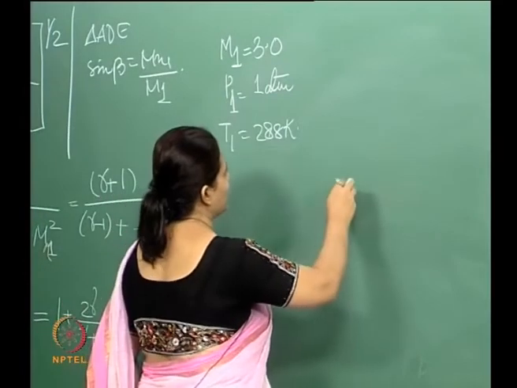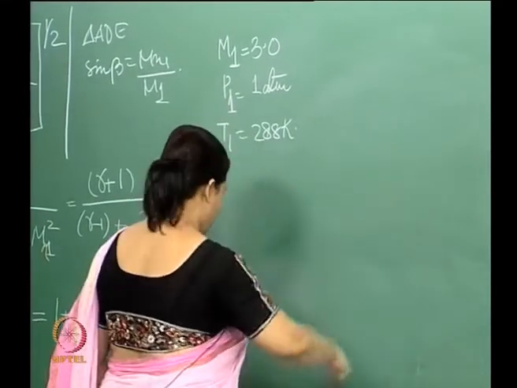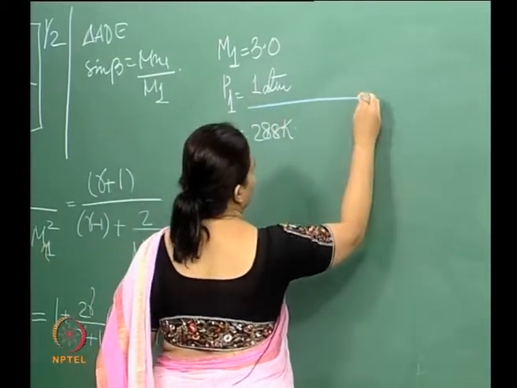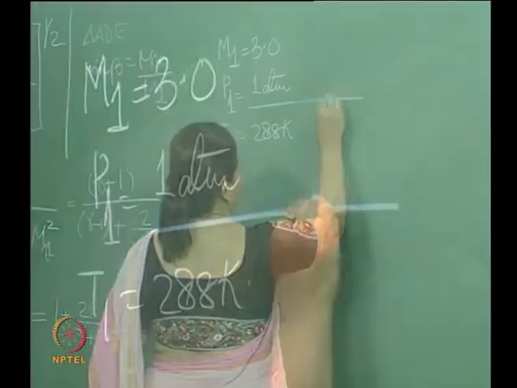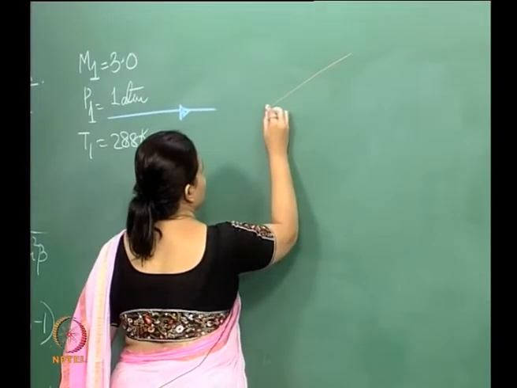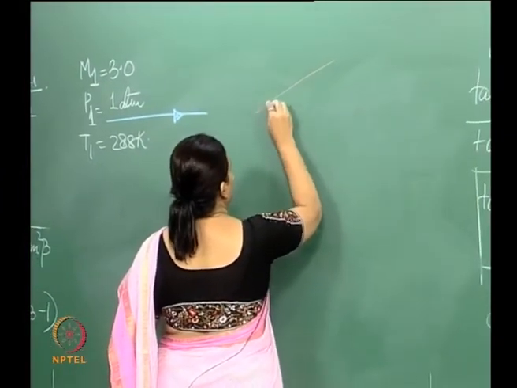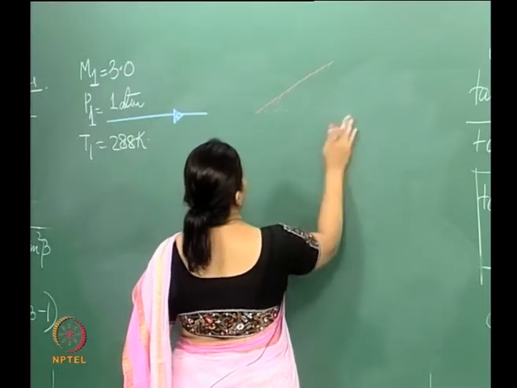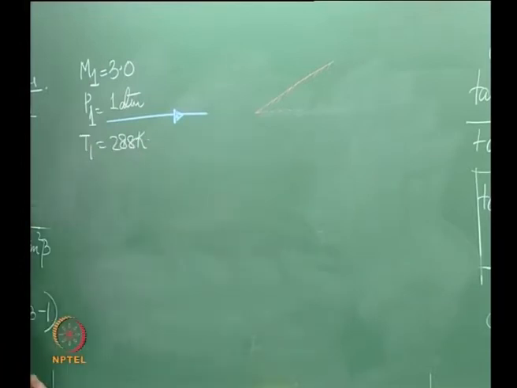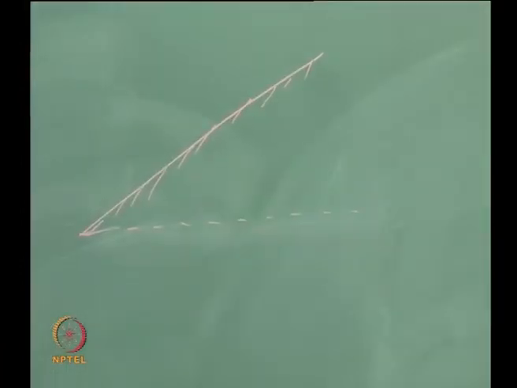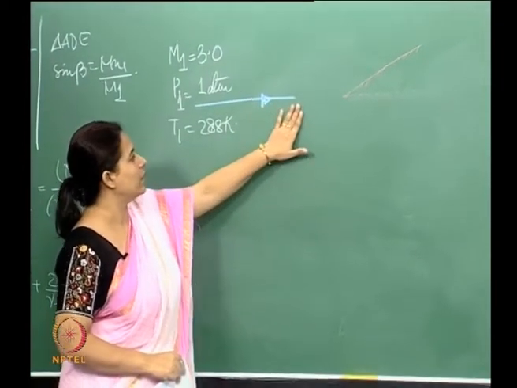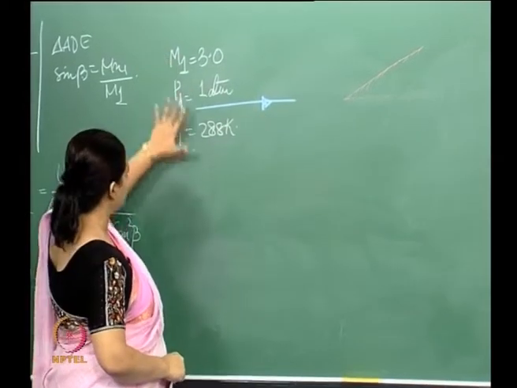So physically, you have a flow like this, and physically you have a corner over here. This is an incoming flow, and it has these properties.